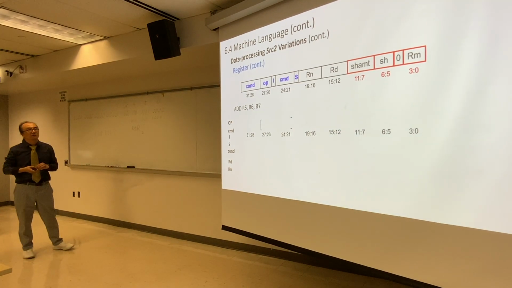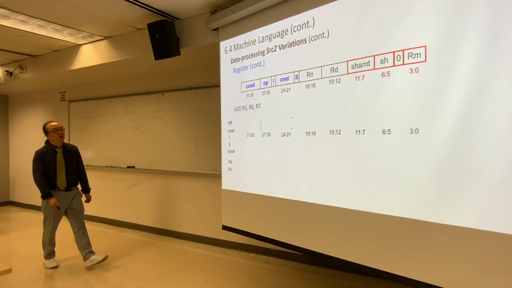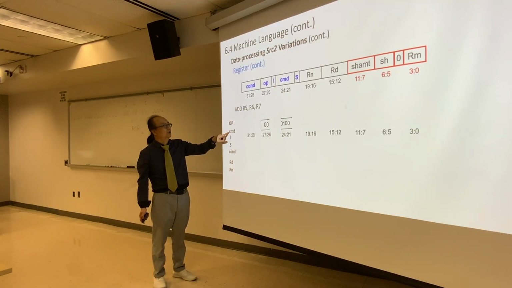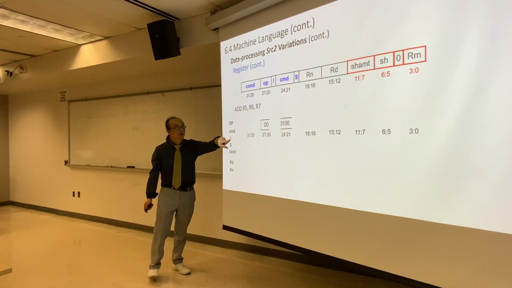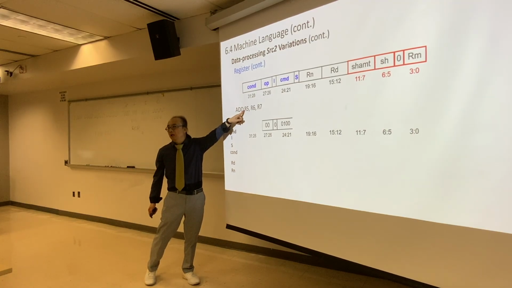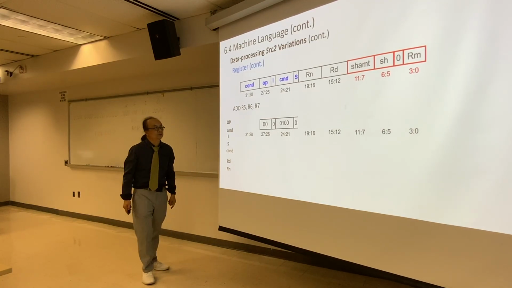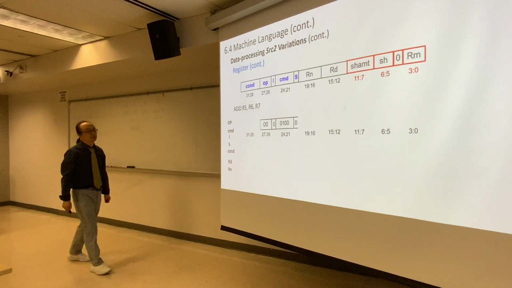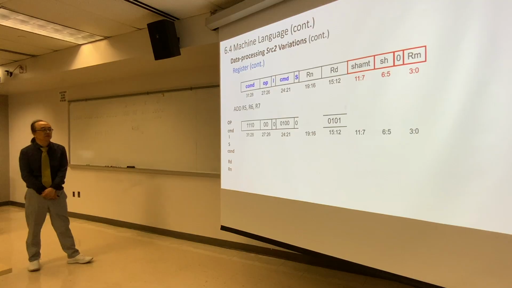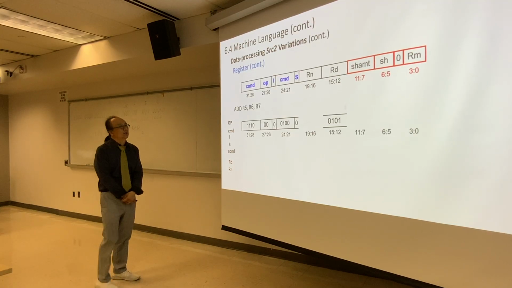ADD R5, R6, R7. Opcode again is 00, CMD add, so 0100. This time there is no immediate value, therefore I equals 0, S equals 0 because I don't see any S right after the instruction. COND, conditional one, is 1110. And we know RD is 5 and RN is 6.